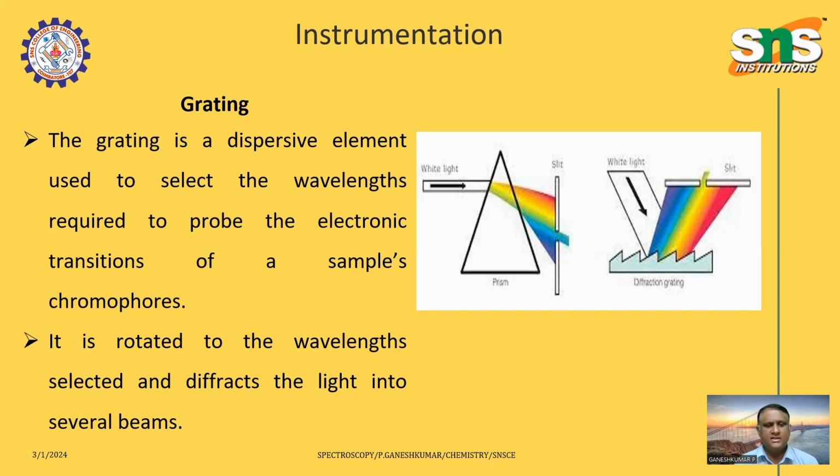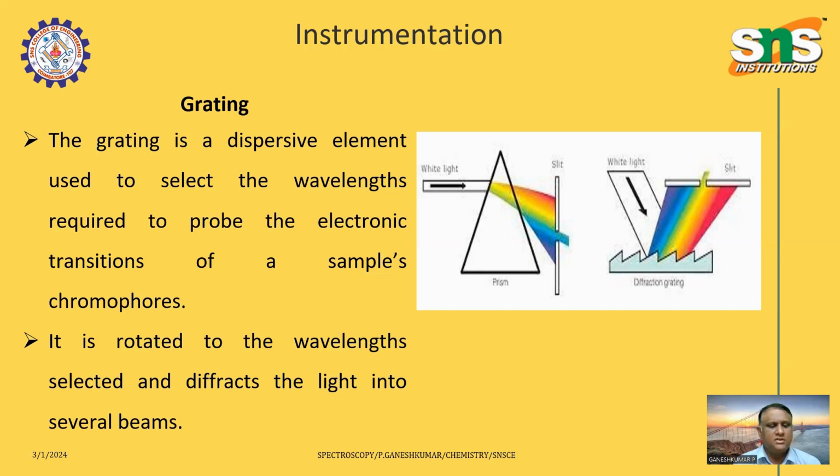So the grating is a dispersive element used to select the wavelength required to probe the electronic transition of a sample's chromophores. We are discussing chromophores. Chromophores have conjugation, and the presence of electrons in those regions gives excitations, and it gives color to the compound.